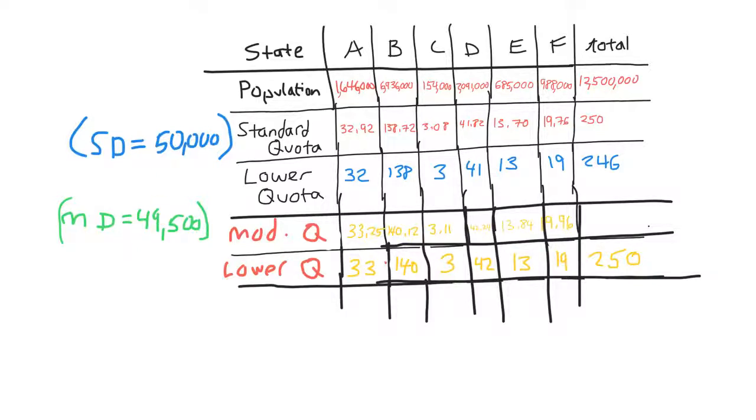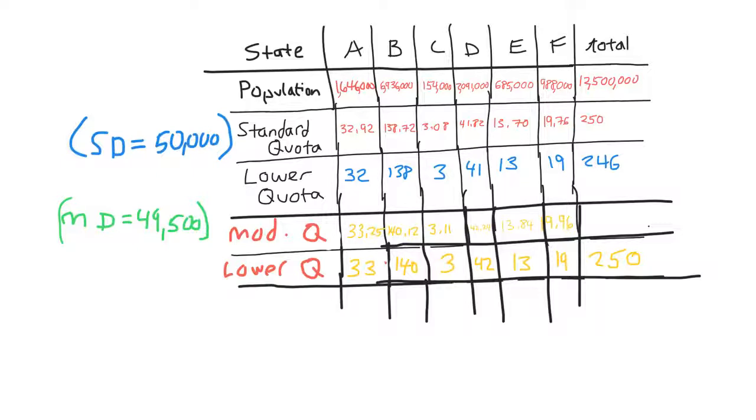Now, you might have the question, what modified divisor should I use? And unfortunately, it will just be a matter of trial and error. So if you're going to use the Jefferson's method, you find the typical standard divisor. First, really, you would just see if that would work, and it would result in lower quotas that add up to 246.